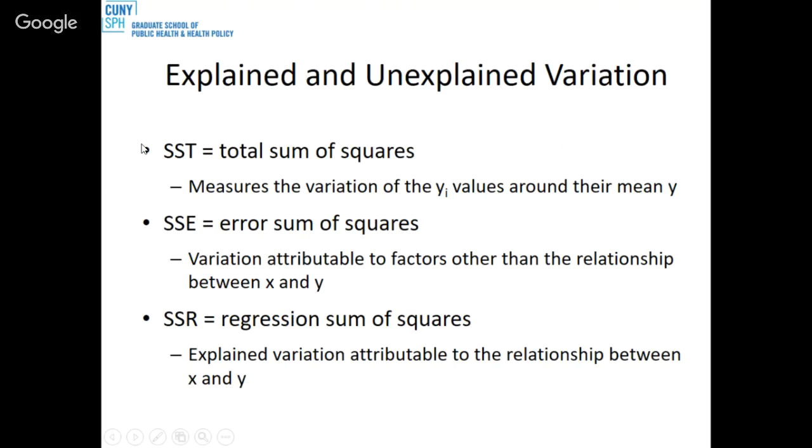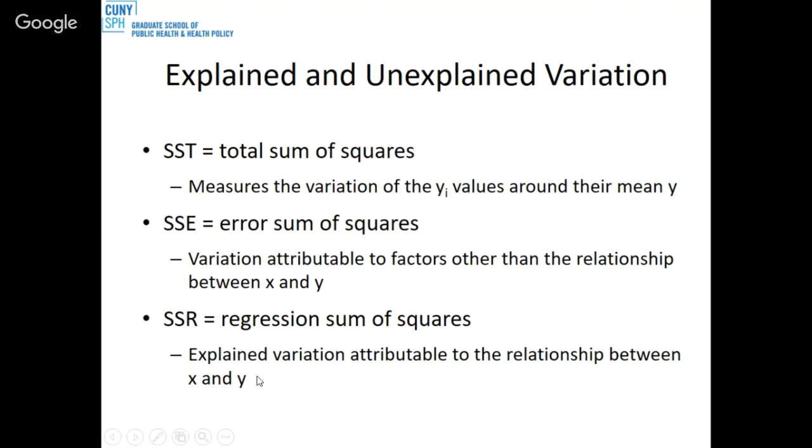This is just writing out what I already explained, but that total sum of squares is the variation of the y values around their mean. The error sum of squares is the value of each y value minus its predicted y value, so the unexplained part of the relationship, the sum of those squared errors.